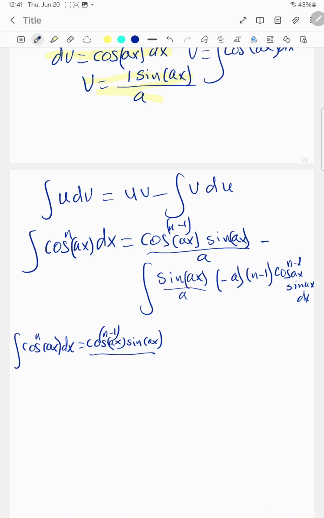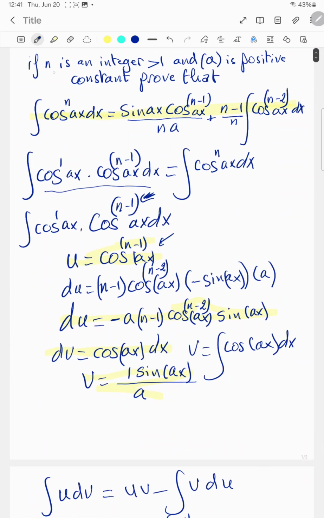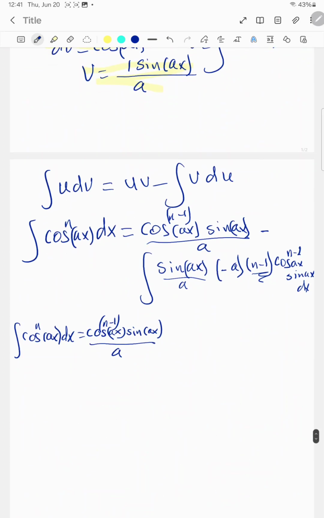And here I know n is a constant because we said at the beginning that n is an integer greater than 1. Here n is an integer and a is a positive constant, so n and a are constants. So now I have minus a, and minus that times minus that becomes plus.